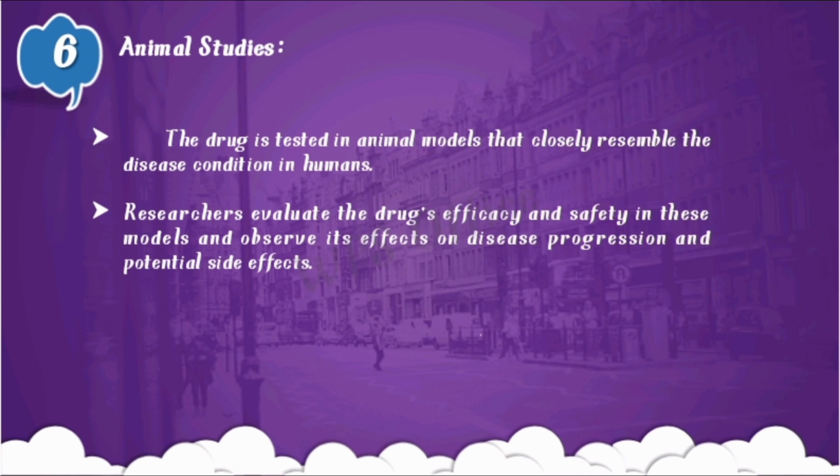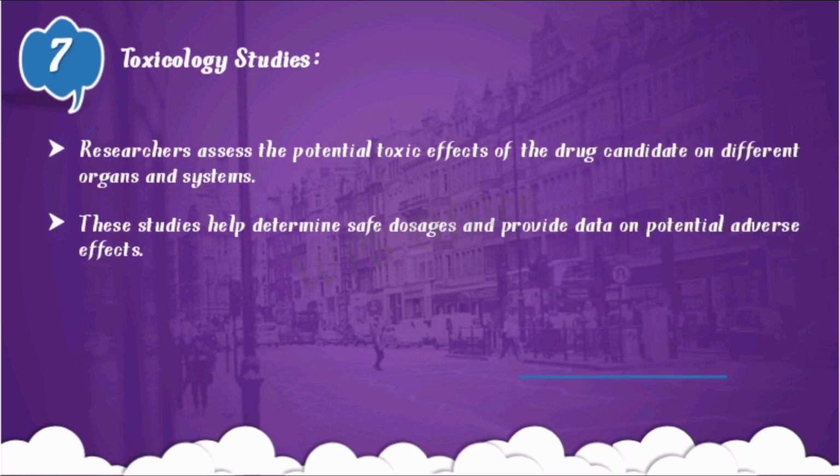After that, they cure that and will test in humans. The seventh step is the toxicology studies. Researchers assess the potential toxic effects of the drug candidate on different organs and systems. These studies help them to determine the safe dosage and provide data on the potential effect.